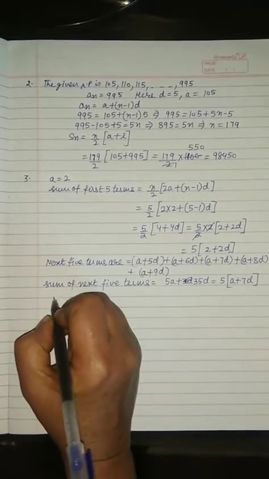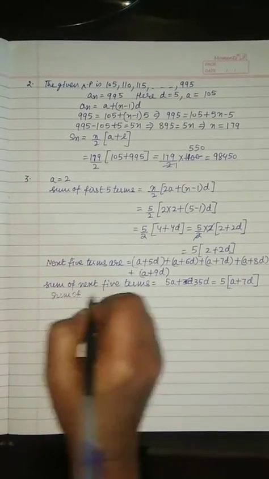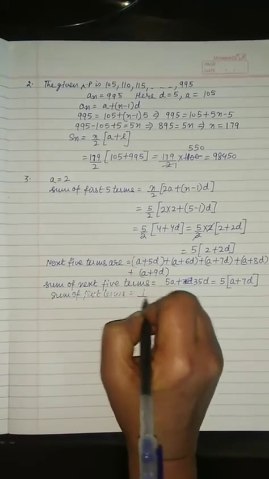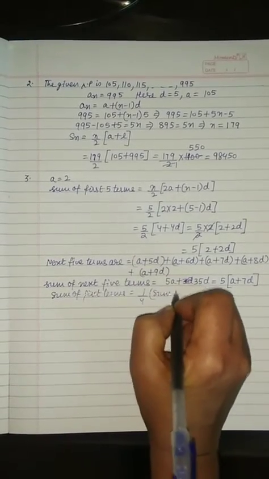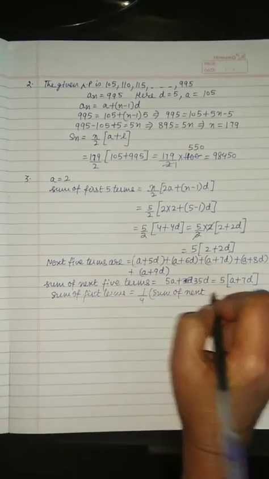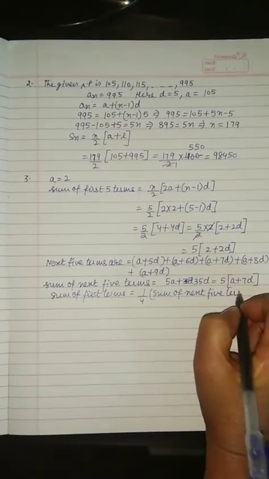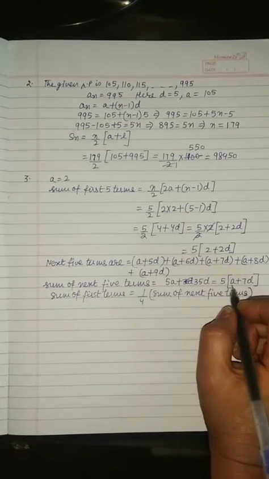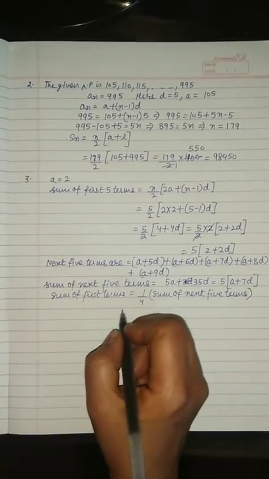So in this question we are given that the sum of the first 5 terms is equal to 1/4 the sum of the next 5 terms. We already got the sum of the next 5 terms, that is 5 into a plus 7d. So we'll put the value.